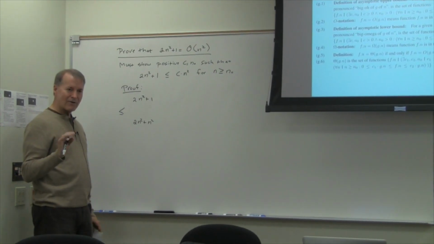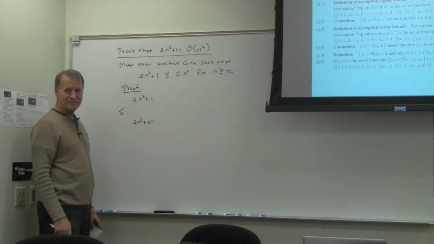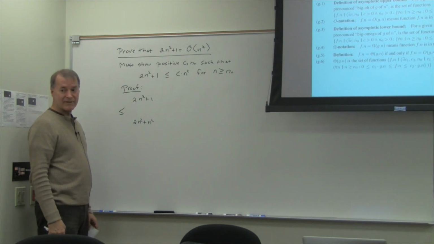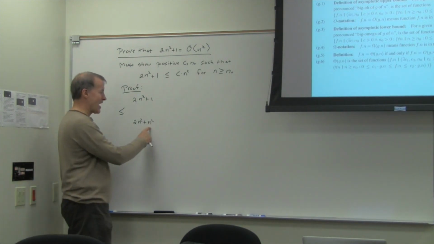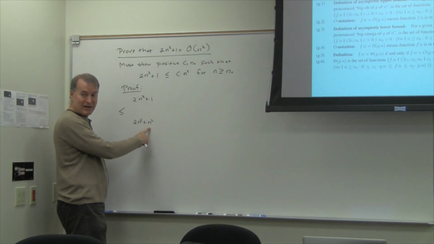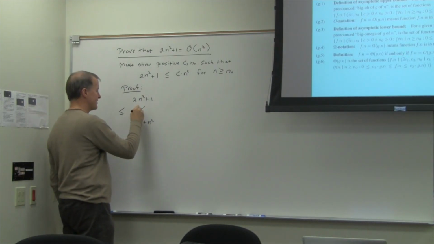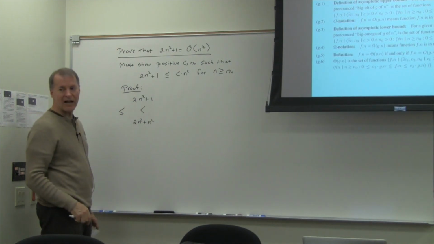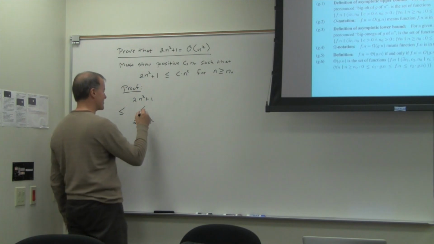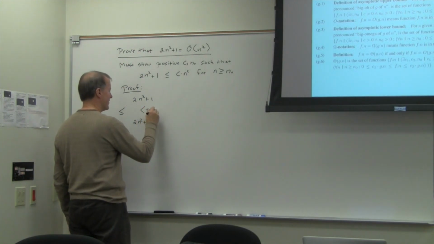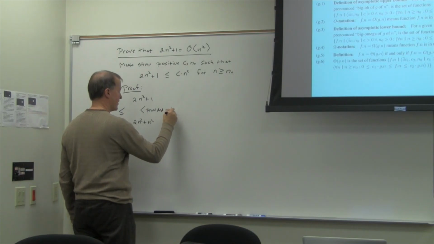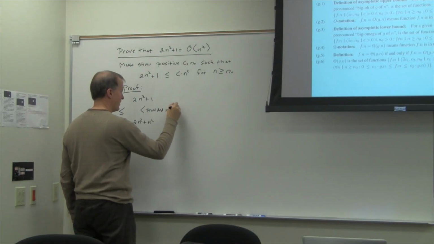But now, is this always true? If n is a half, then it's not, because a half times a half is a fourth, and this wouldn't be right. So it's always true if it's integers, strictly positive. Okay, so we'll say provided n is greater than or equal to 1.